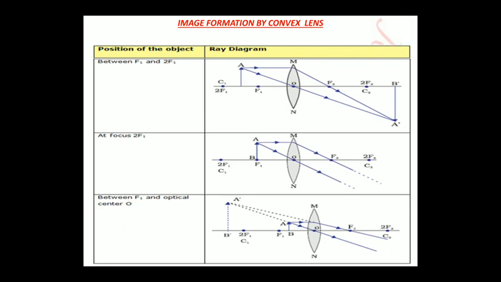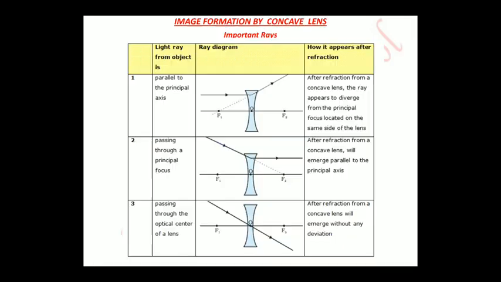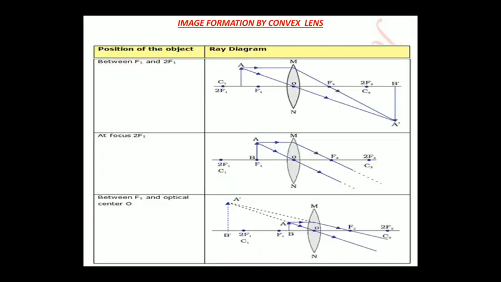Now what happens when we see these two refracted rays, as you are able to see, these two refracted rays are diverging from each other. So what we do? We extend the rays behind the lens to get an image.